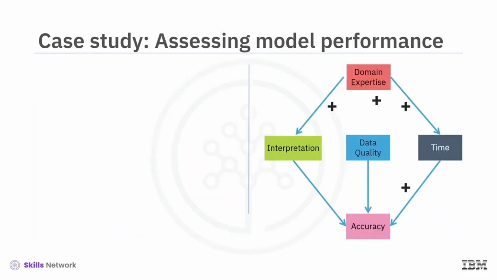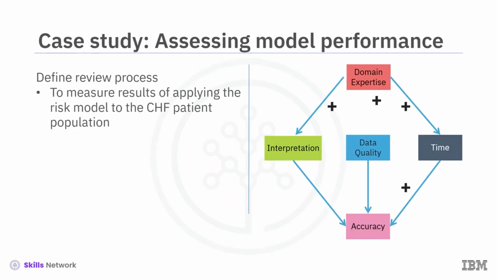The plan for the feedback stage included these steps. First, the review process would be defined and put into place, with overall responsibility for measuring the results of applying the risk model to the congestive heart failure risk population. Clinical management executives would have overall responsibility for the review process.